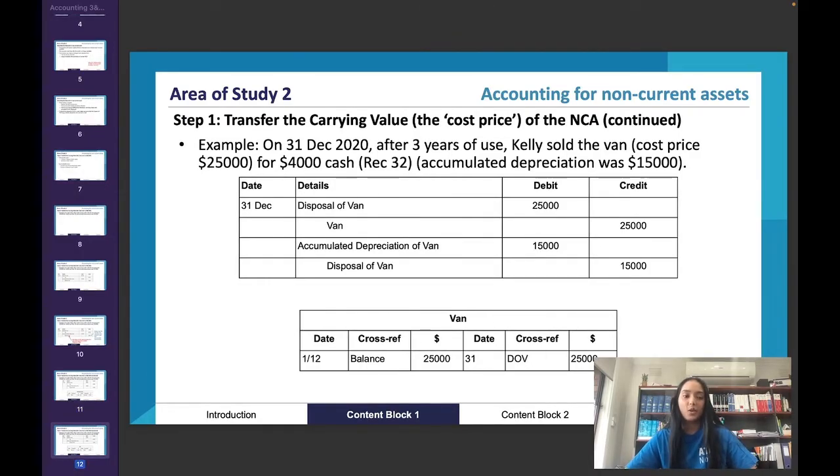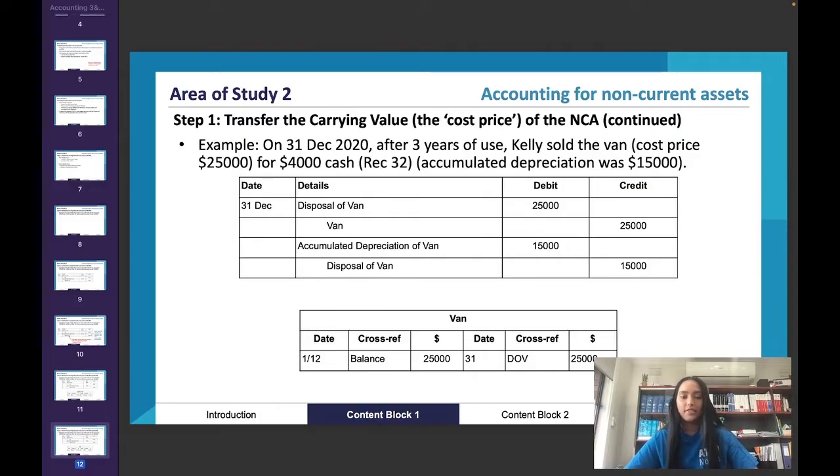And this is how the van ledger account looks after this transferring. So we can see that on the debit side, we have a debit entry of $25,000 and the cross-reference is balance. So that is just the balance of the van, which is that $25,000.